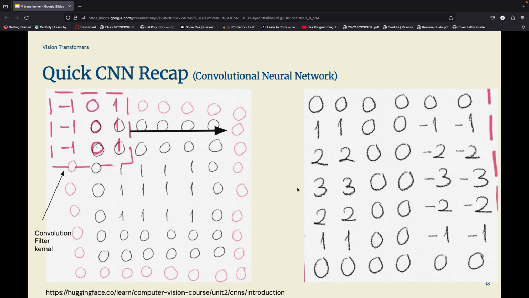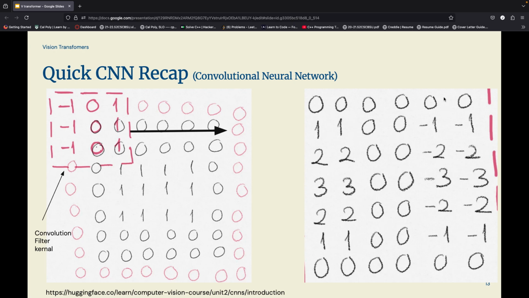However, where the neural network comes into play is that it finds the best filters for our task instead of having someone figure that out, which takes longer. And this has been the dominant architecture people have used for vision tasks. As you can see, the left image is our original picture and the right image is the features extracted.